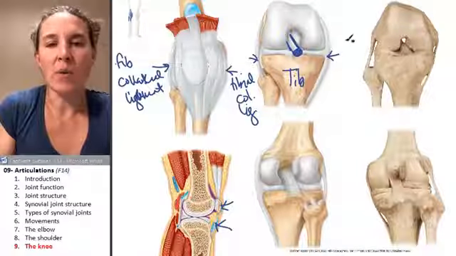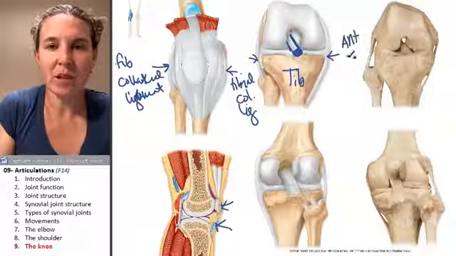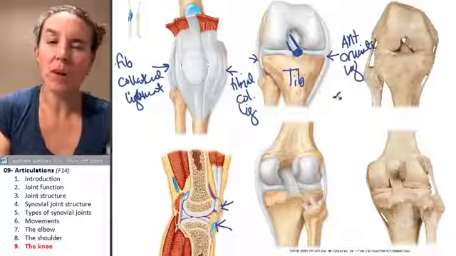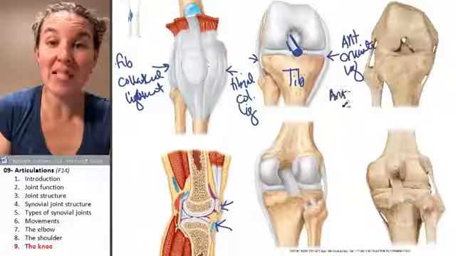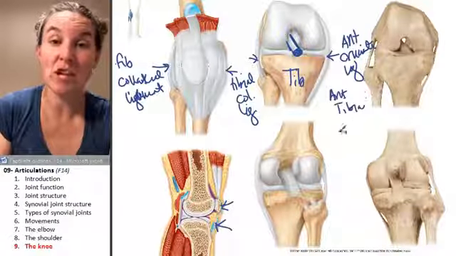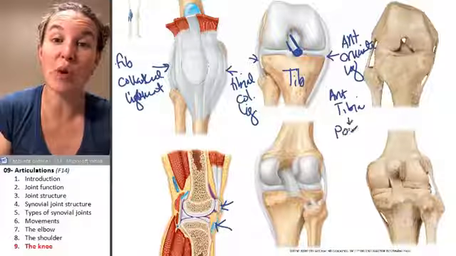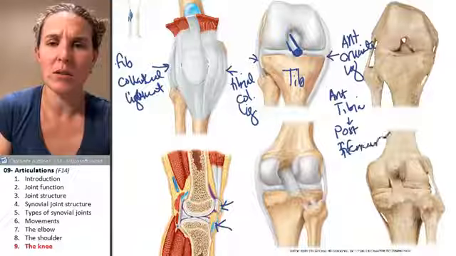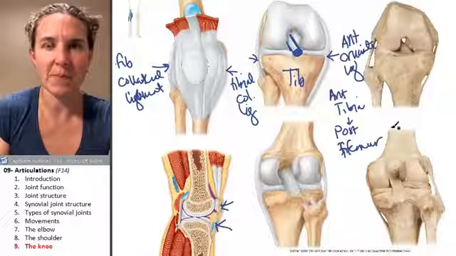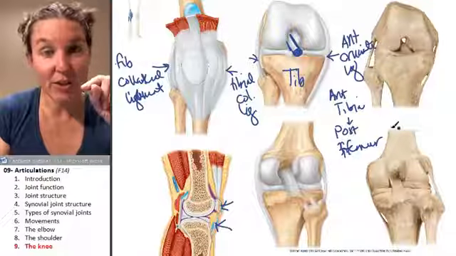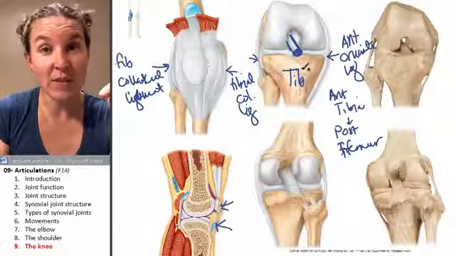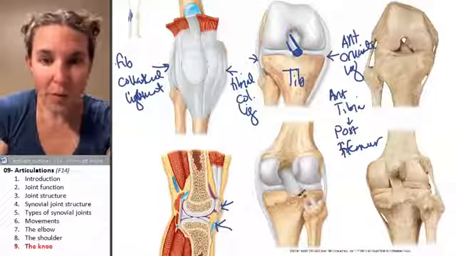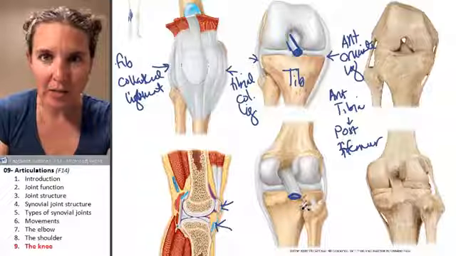So that anterior cruciate ligament goes from the anterior aspect of the tibia to the posterior aspect of the femur. Makes perfect sense. If we have an anterior cruciate ligament from the anterior surface of the tibia, we also have the posterior cruciate ligament from the posterior surface of the tibia.